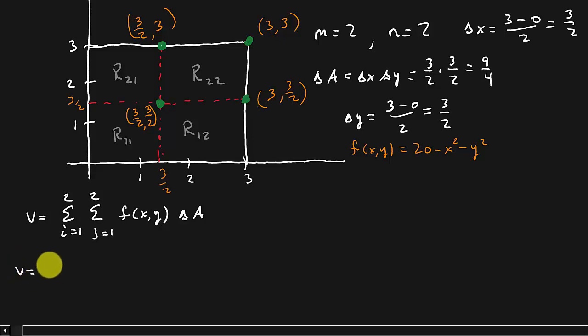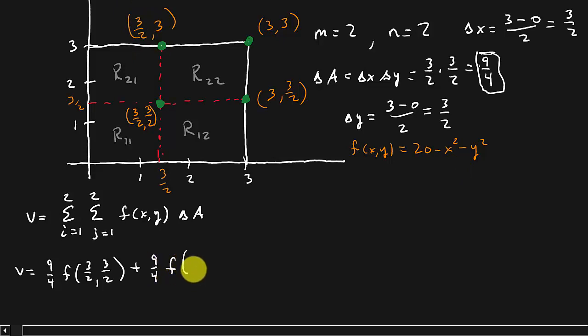My volume is going to be 9/4. That's delta A. Here's my delta A right here. Times the height at this point. So I'm going to take the 3/2 and plug it into here. So that's times f of 3/2, 3/2, plus 9/4 times the height at this point. So I'm going to plug this into the function.